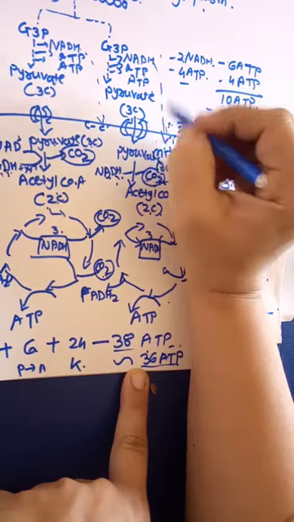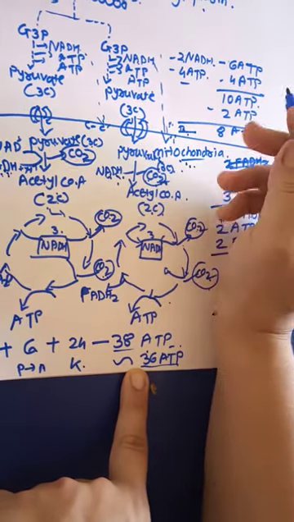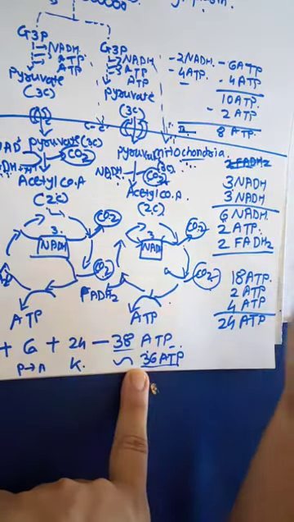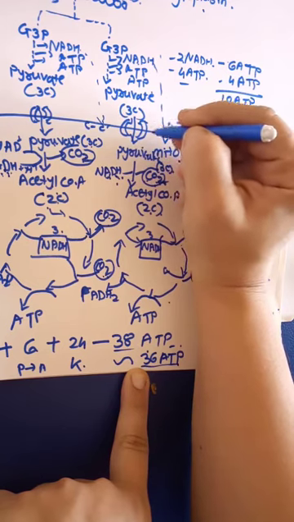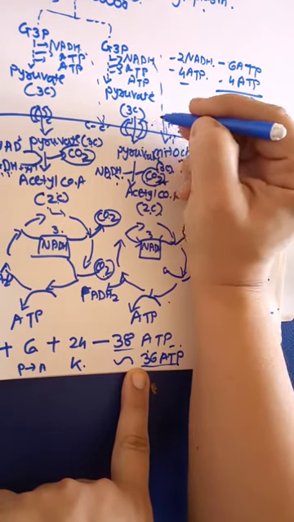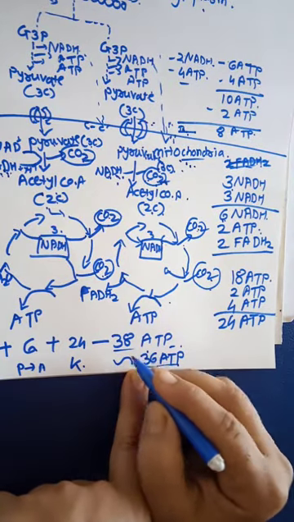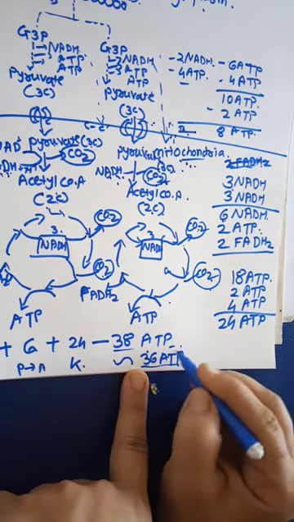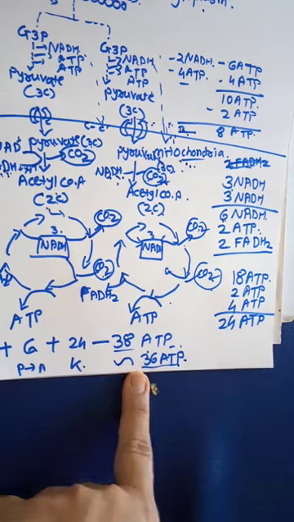NADH will not directly come. Hydrogen molecules will enter from the cytoplasm into the mitochondria, and then are accepted by some shuttle systems, and pyruvate will enter by the pyruvate transporter. So this is active transport, some sort of energy will be utilized, so there is a loss of energy. So the actual production is approximately around 36 ATP molecules.